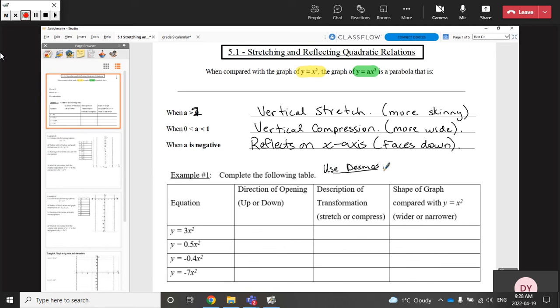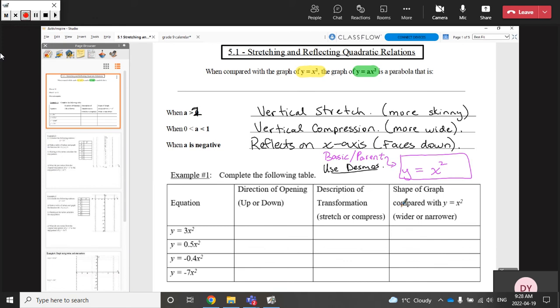So remember, we're always comparing everything to y equals 1x squared, or just y equals x squared. This is what we call the basic or parent function. In grade 11, you're really going to hear that term parent function quite often.